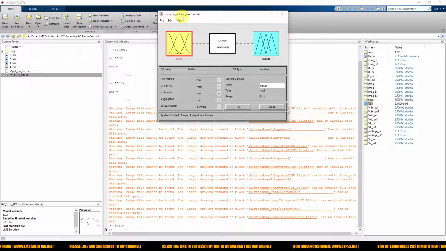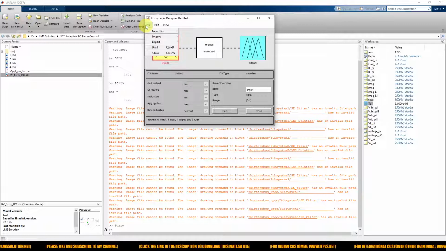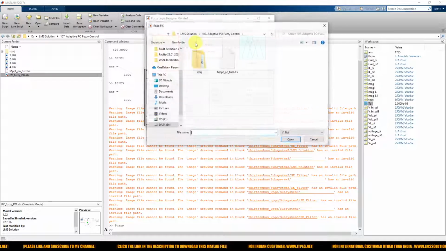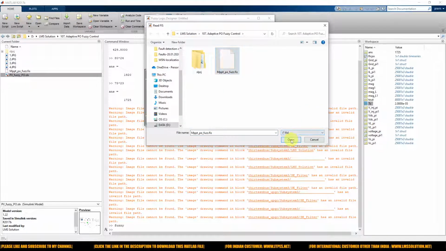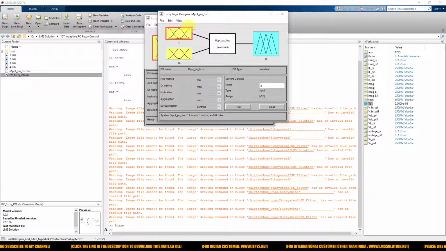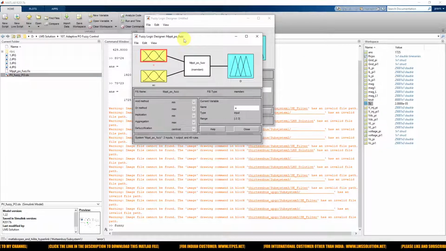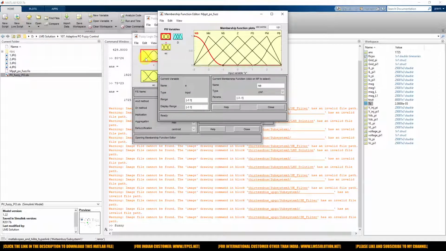Next I'm going to open the fuzzy designer window. Here I'm going to open the fuzzy inference system for the adaptive PO fuzzy MPPT. This is the structure of the fuzzy inference system. Here you can see the membership function we considered for the error, and this is for the rate of change of error.